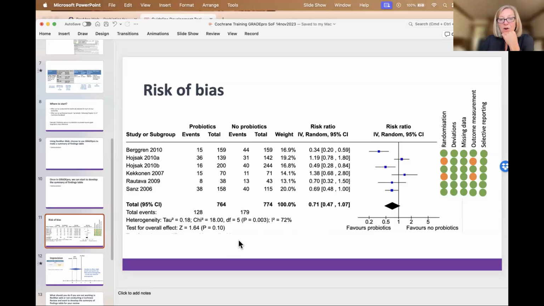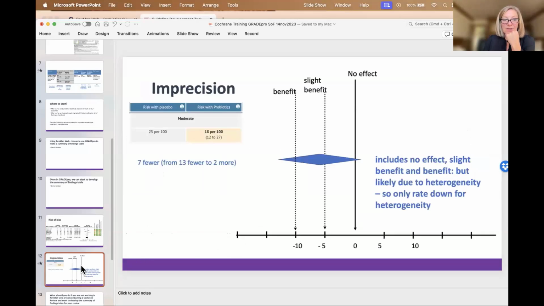And how do we know that our confidence intervals are wide? Well, it's better to look at the absolute effect, and how wide those absolute effects are. And we can pull that right from the summary of findings table in GRADEpro. We have 25 per 100 as the baseline risk with the placebo, and the risk with probiotics is 18 per 100.